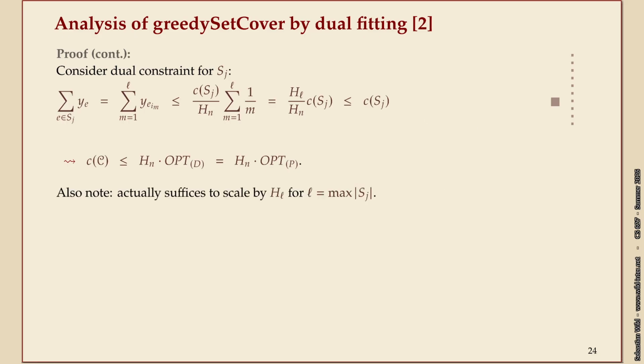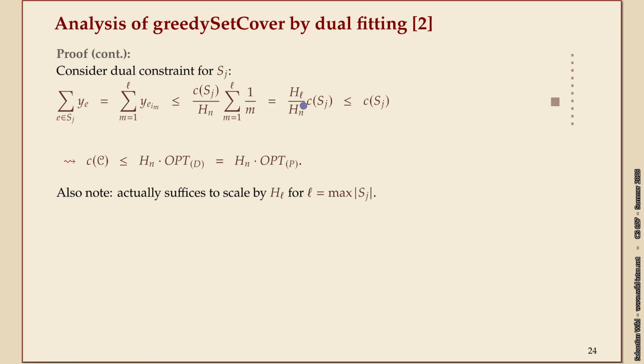A small extra benefit, but I'm not claiming this is unique to this analysis technique, is that you see you could actually have taken HL as the scaling down if you take the largest of the sets. Because for each of the constraints, we only needed HL divided by Hn to be at most 1.